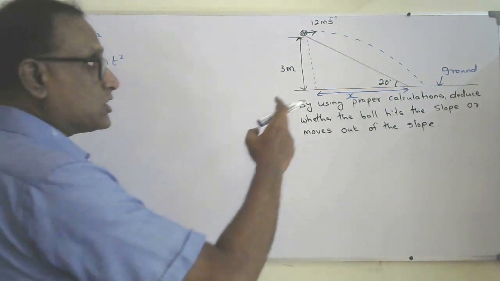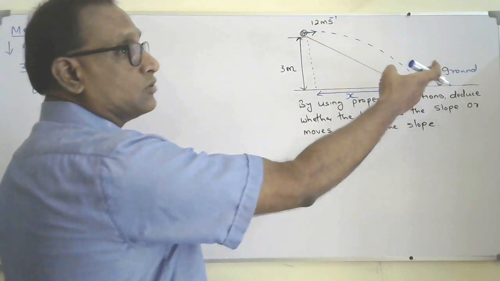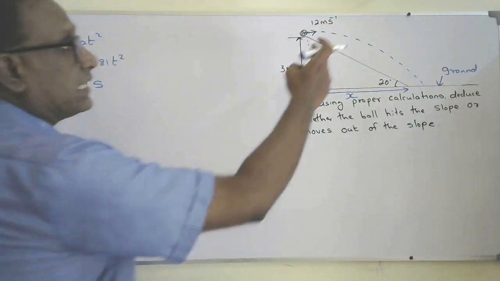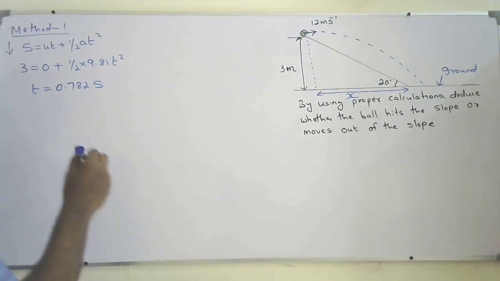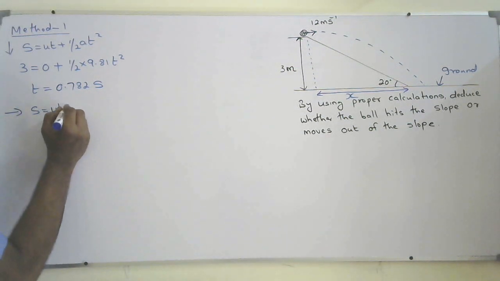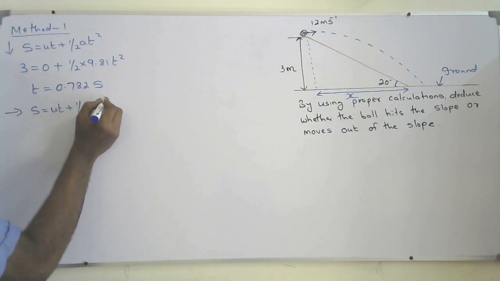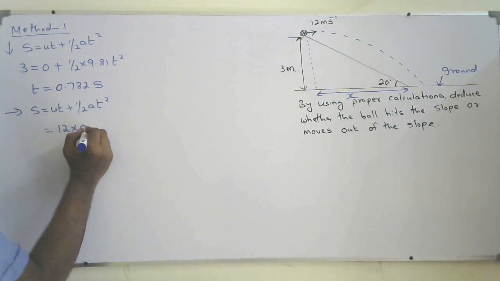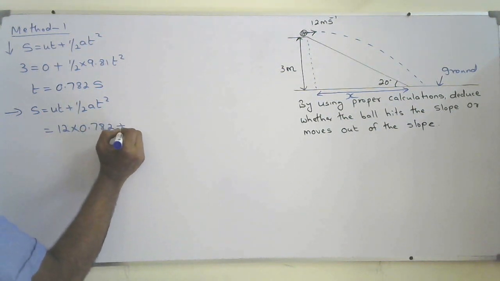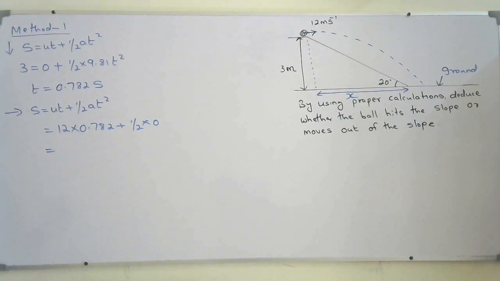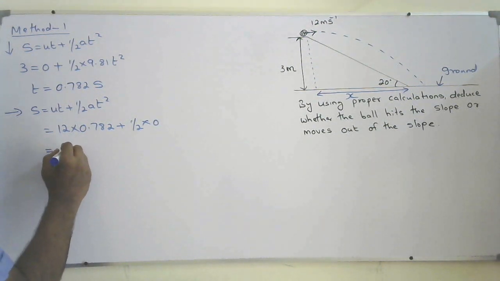Now I'm going to find its horizontal displacement, if it is hitting outside, for this given velocity. So horizontally use S equal ut plus half at squared, that is 12 into 0.782. Horizontally, no acceleration. So its horizontal displacement will be equal to 9.4 meters.